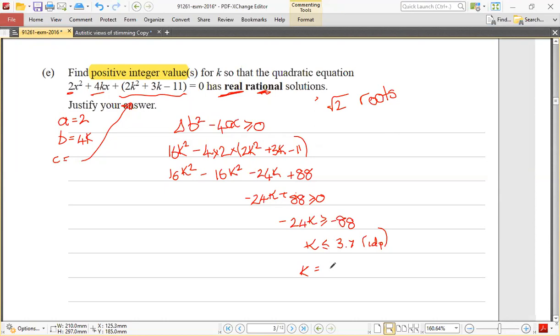Anything above 0 and less than 3.7. So it's 1, 2, 3. Yeah, that's it. K equals 1, 2, 3.